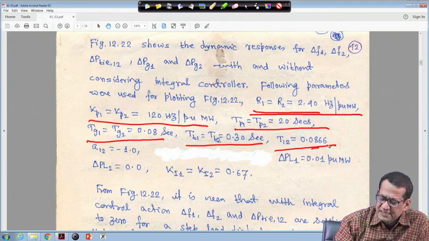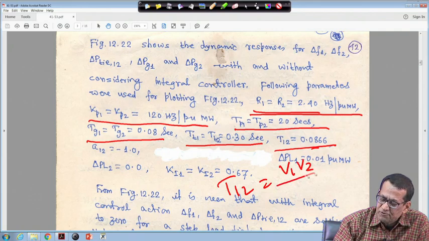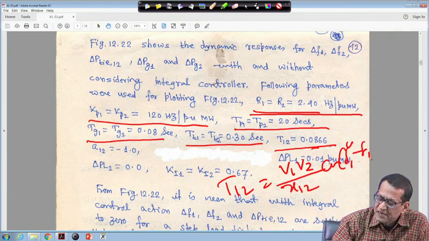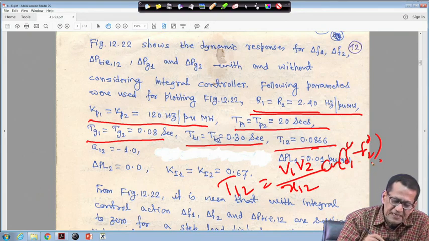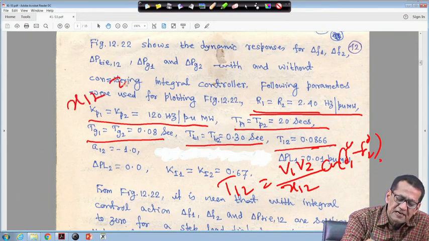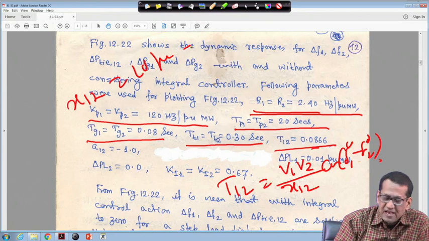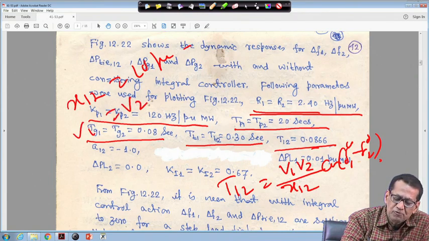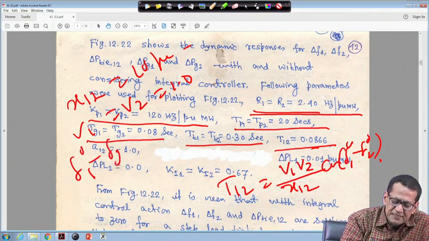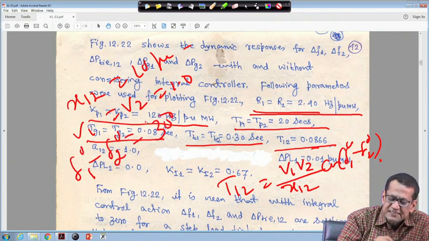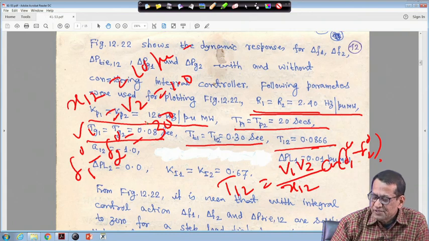Actually, how this is taken: T12 is equal to V1 V2 upon X12 cosine of delta10 minus delta20. We have taken X12 is equal to 10 per unit, and V1 is equal to V2 is equal to 1.0, and delta10 minus delta20 we have taken 30 degrees, right.